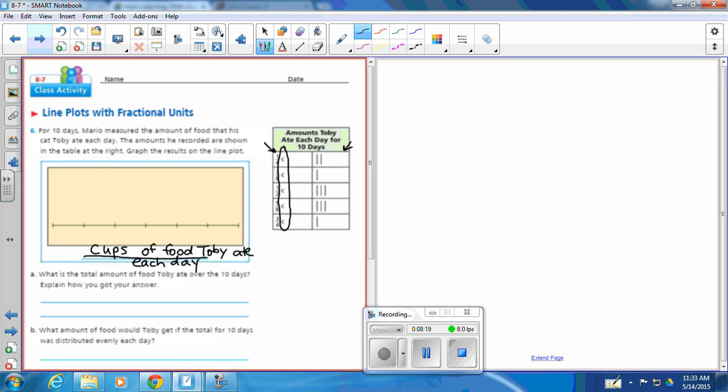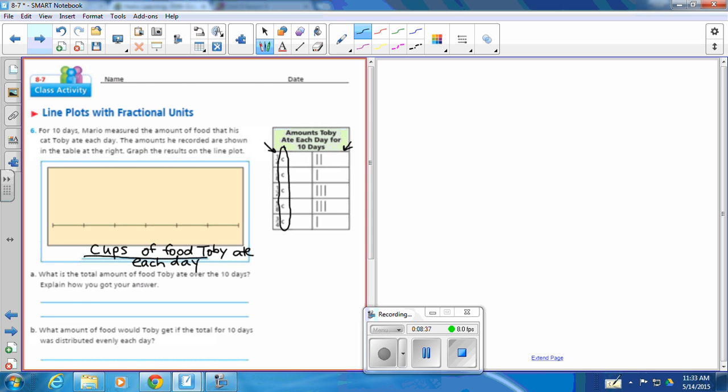So that would be our label down there. And we don't have a y-axis for line plots. So do we need to label a y-axis? Nope. If we wanted to make a bar graph, we could label it, and it would be the number of days that he ate that.